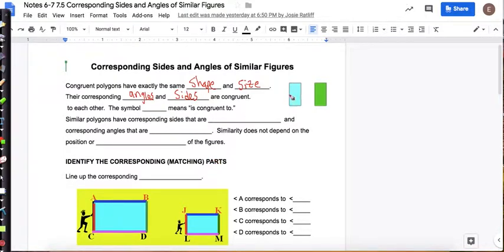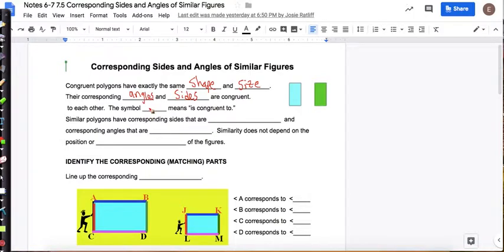So that means this side corresponds to this side corresponds to this side corresponds to this side, and then of course this angle goes with this angle, and so on and so forth. And we know all the angles go together because these are rectangles and they're all 90 degrees.